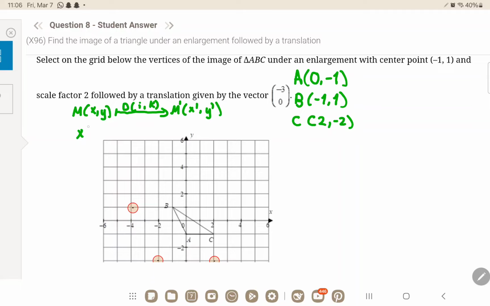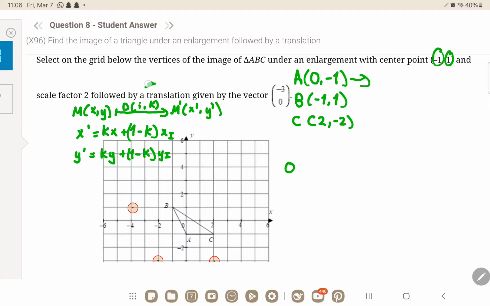X prime is equal to K, which is your scale factor, times X, plus 1 minus K times XI. Y prime equals K times Y plus 1 minus K times YI. You're gonna ask, okay, what's YI and XI? XI is -1, YI is 1, which is your center points. Now, let's do this for all our points.